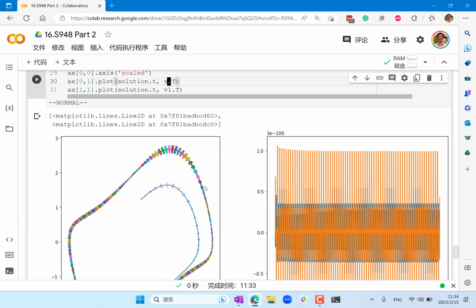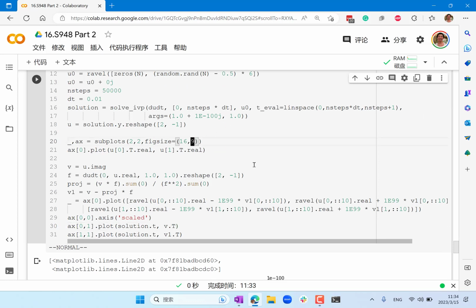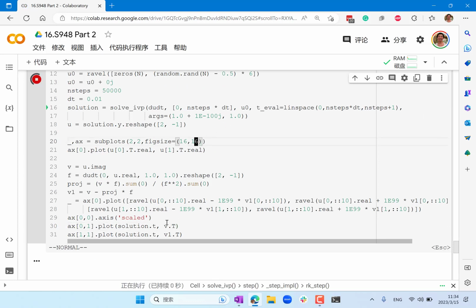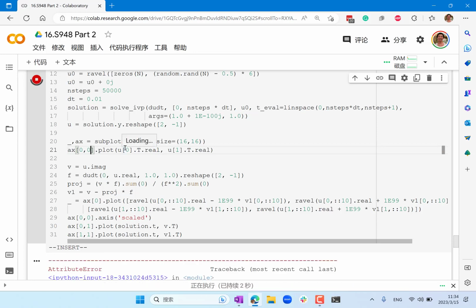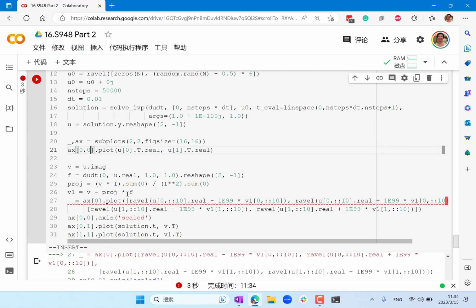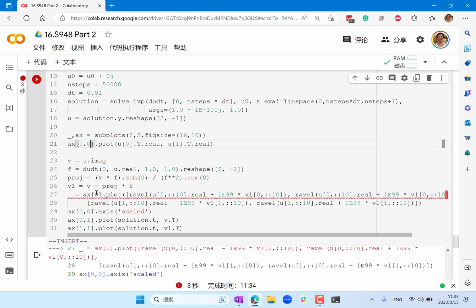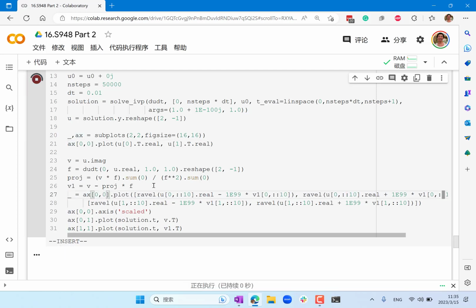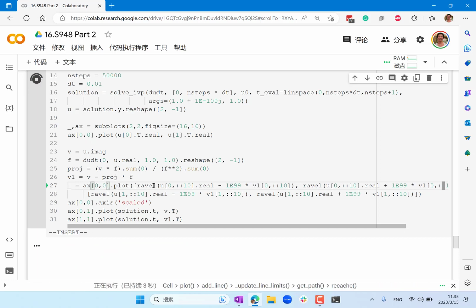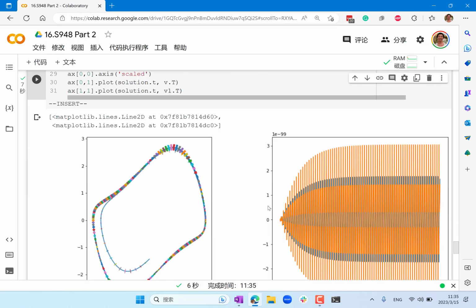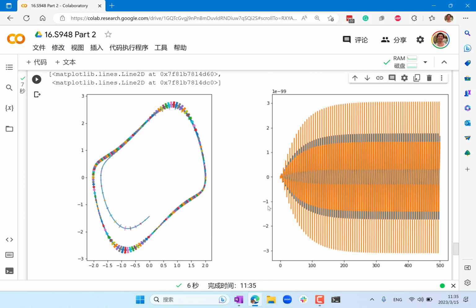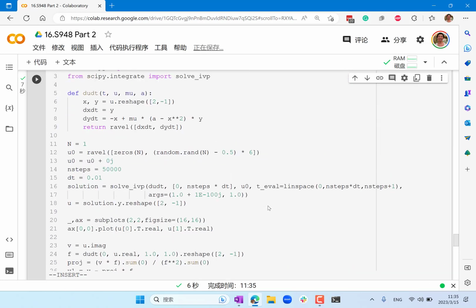I have 4 plots now, and I want to plot not just the V1 but also the original V. I do remember I see a linear growth in V, but here I don't see a linear growth in V.